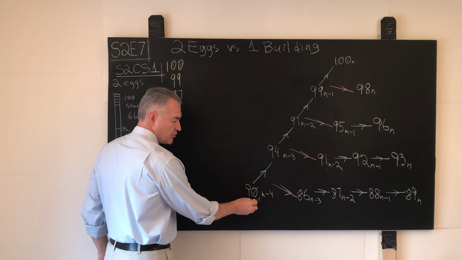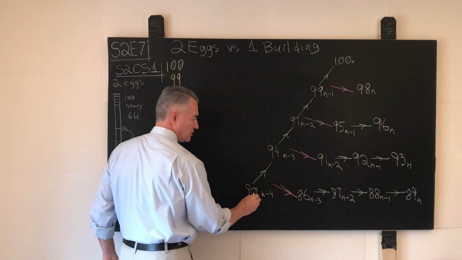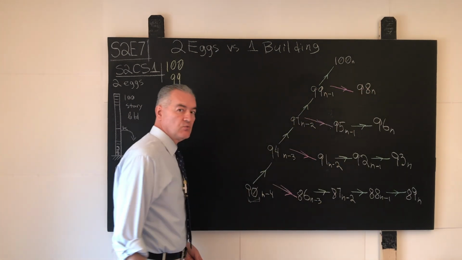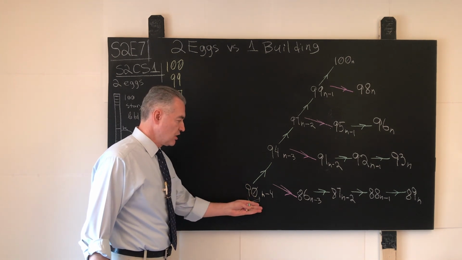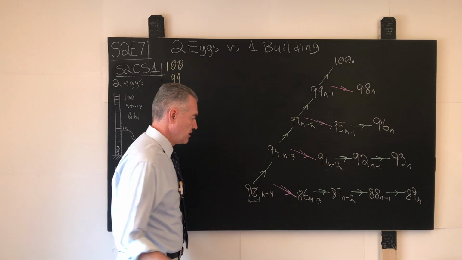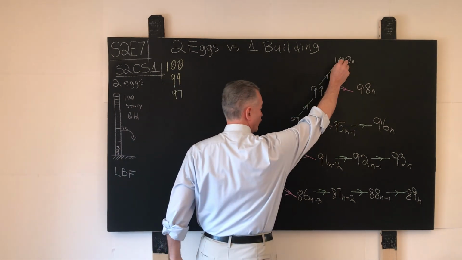To the terminal node 98? Again 1, 2, 3, 4. And finally, what is the distance from the node named 90 to the terminal node 100? That distance is 1, 2, 3, 4.